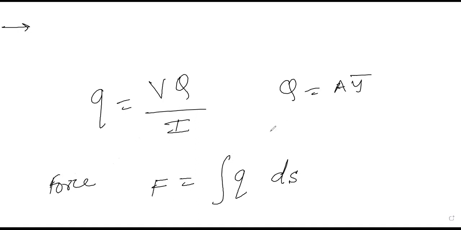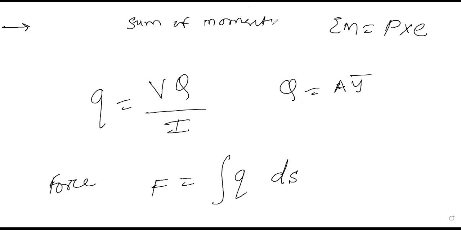Okay, that also we have taken one numerical in last lecture. And the next equation that you have to use now is summation of M is equal to force into eccentricity e. Okay, that is sum of moments about shear center. It is called as sum of moments of shear center.